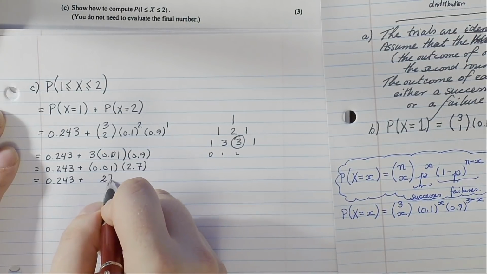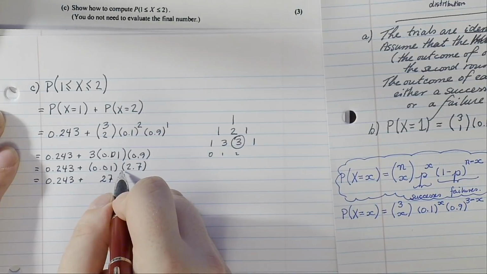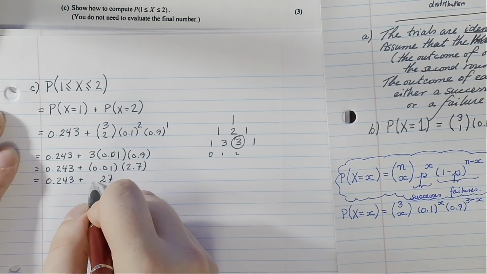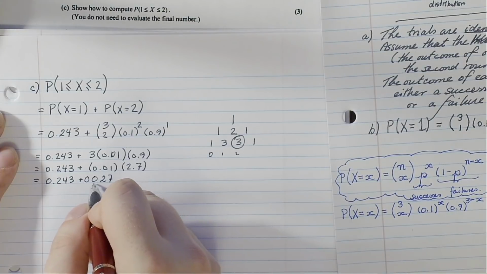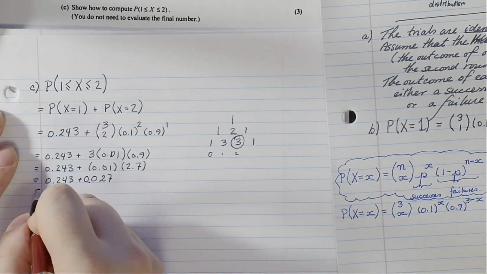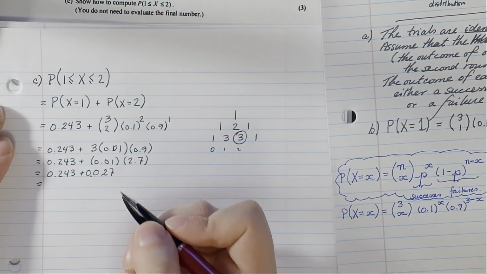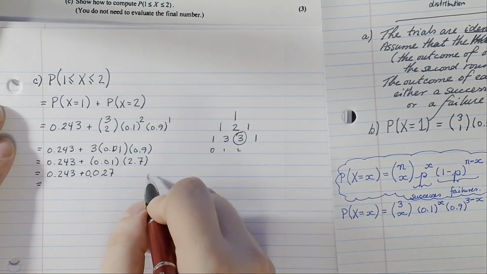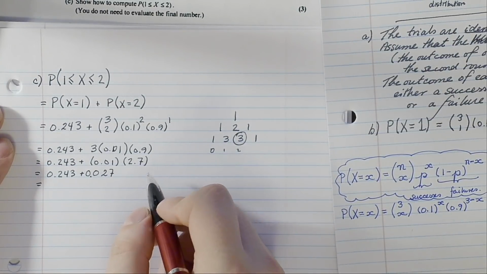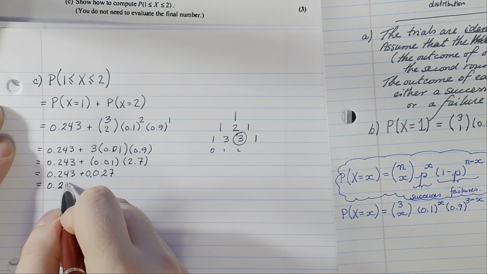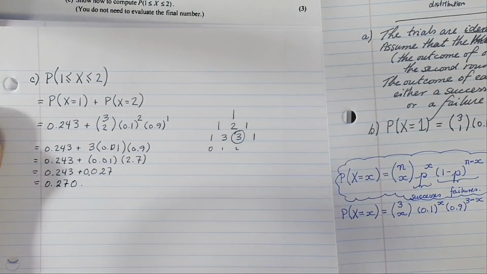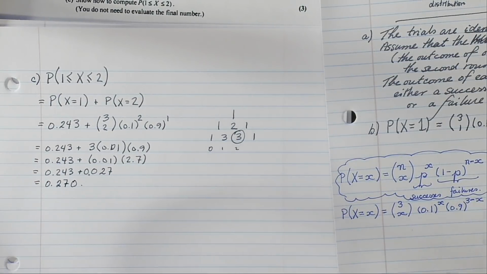So I have the 27. Put that dot in there, and then I add that in. So that gives me 0.27. And I'm done. I've done that question.